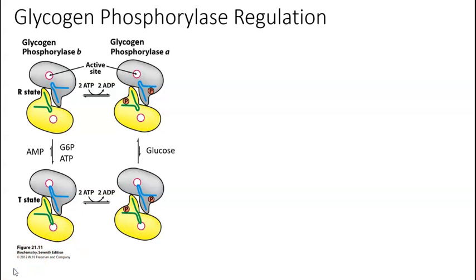A few things regulate these different states. One is the phosphorylation event. There is a kinase and a phosphatase. The kinase would add the phosphate groups, and the phosphatase would take them off. And these are going to change the phosphorylation state. In the absence of glucose, this is the state that is formed.